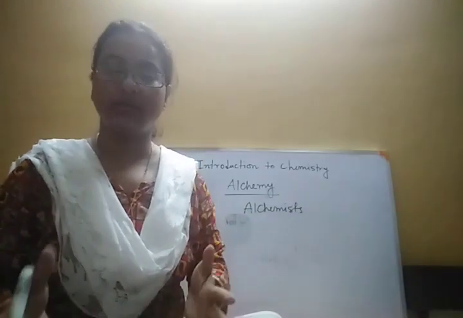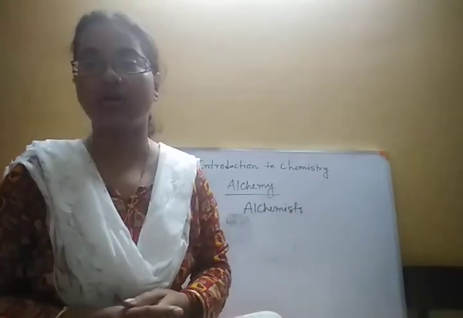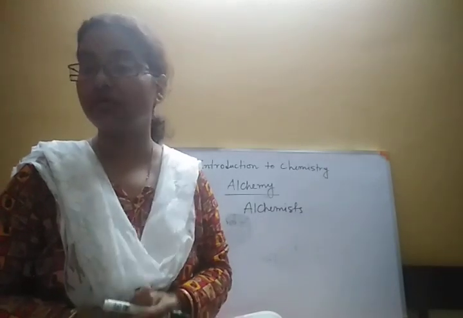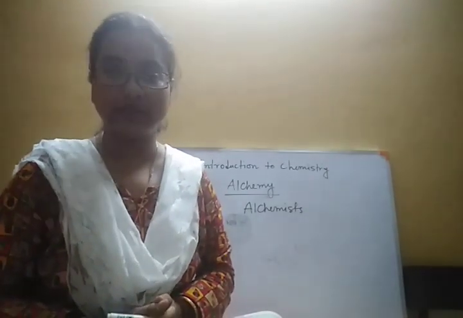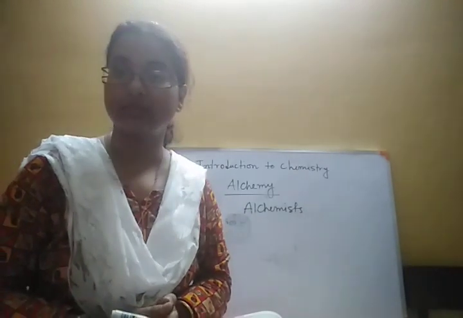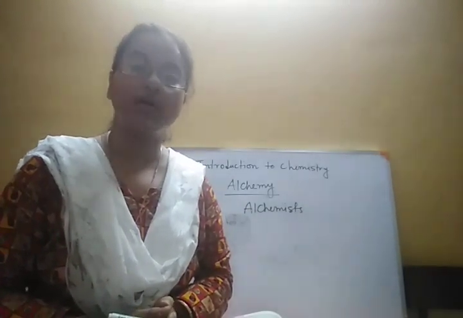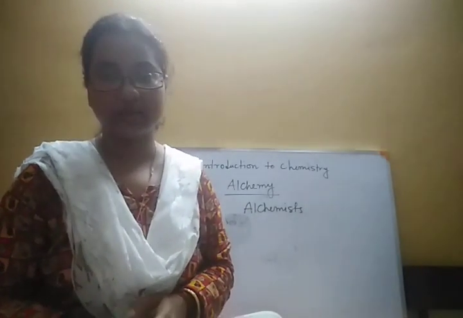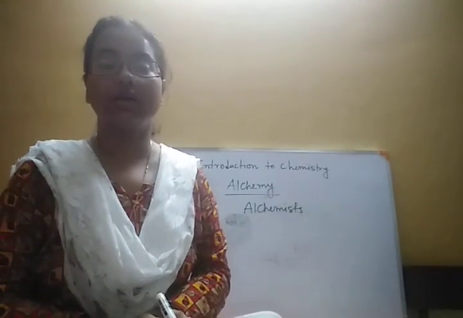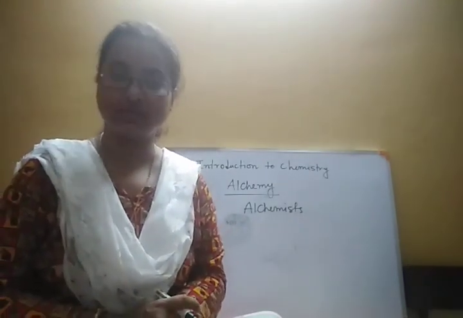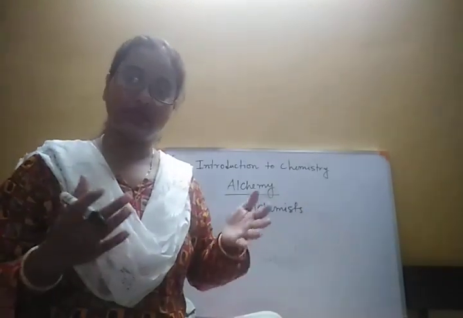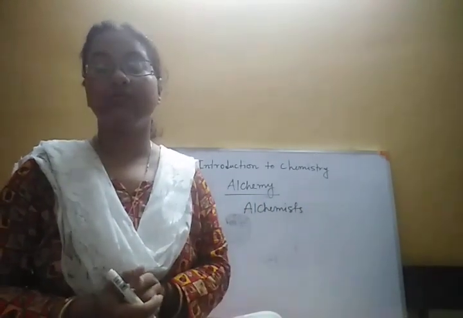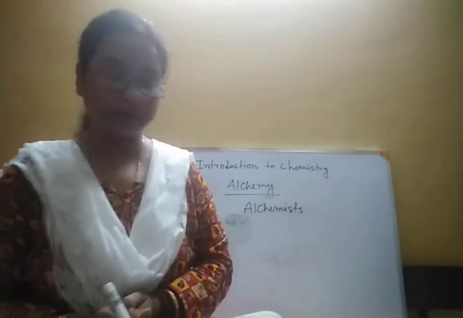That means cheap metals like iron or copper. Why are we calling them cheap? Because these are easily available. As gold is a very costly metal, they used to convert non-precious metals, copper or iron, into gold. And these persons we were calling alchemists.